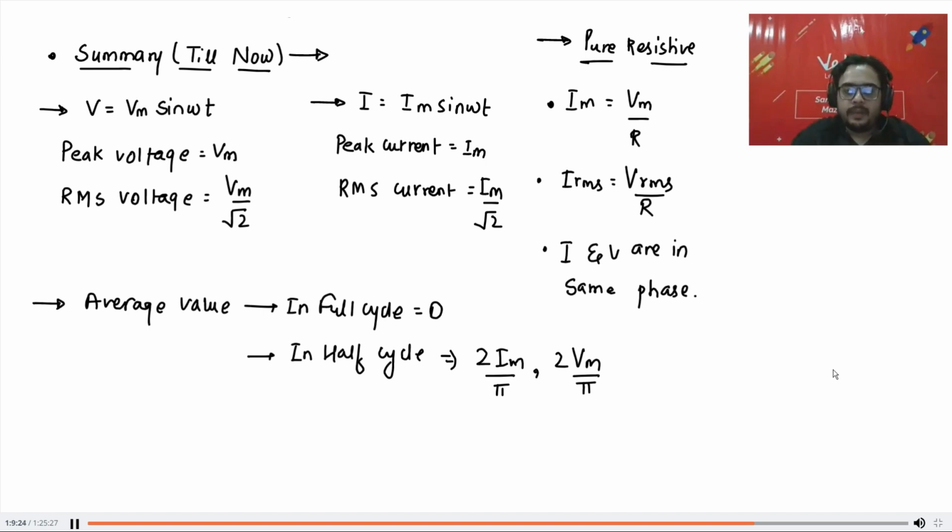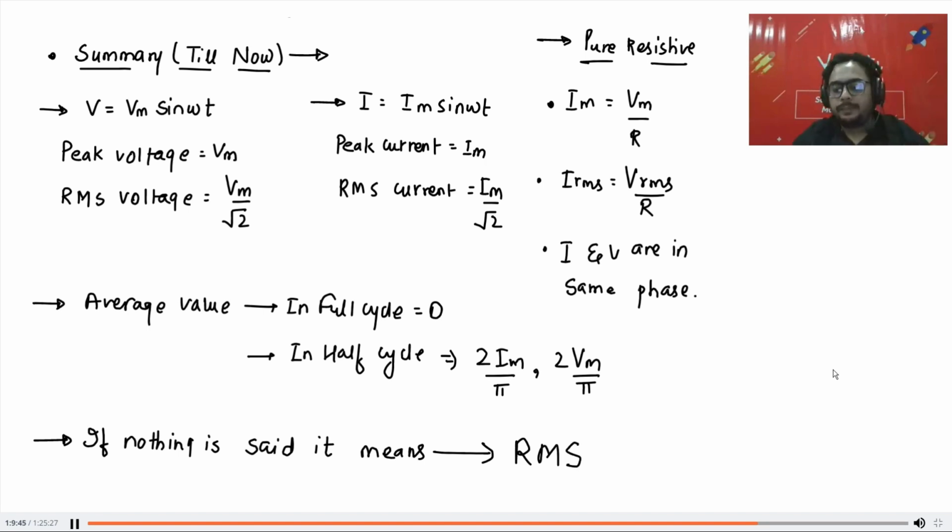Okay. If nothing is said, it means RMS. If they are telling you that in your house current is coming at 2 ampere, so are they telling you peak current or RMS current? Always remember, if nothing is said about the current, it is RMS current.